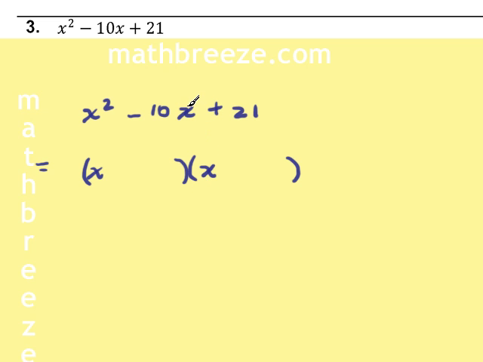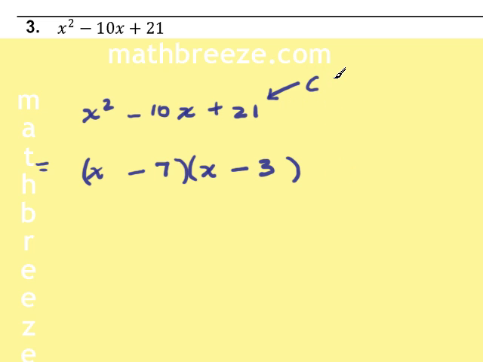And we want to get minus 10x in the middle. Well, outer plus inner, if I fill in with 3 plus 7, I won't get minus 10x in the middle. But then we realize minus 7 times minus 3 is also equal to positive 21. If we have a negative here and a negative here, we could get a positive for the last coefficient that we call c, the c coefficient.